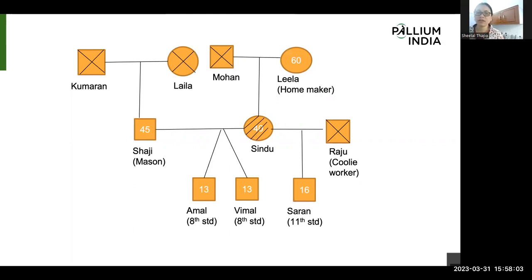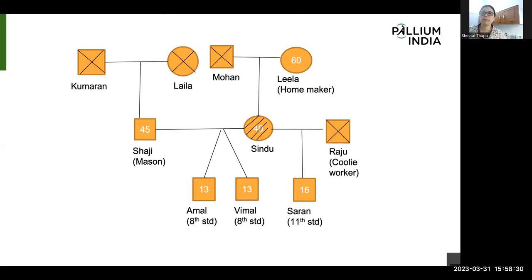It's a lady, female, and probably she's had 2 marriages. One was a Raju the Kuli, and the other one is a Mason, Shahji. And they are blessed with, from the previous marriage, she is blessed with Saran, a boy, 16-year-old. And from the current marriage, she has got twins, 13 years old, Amal and Vimal, studying in 8th class and 11th class.